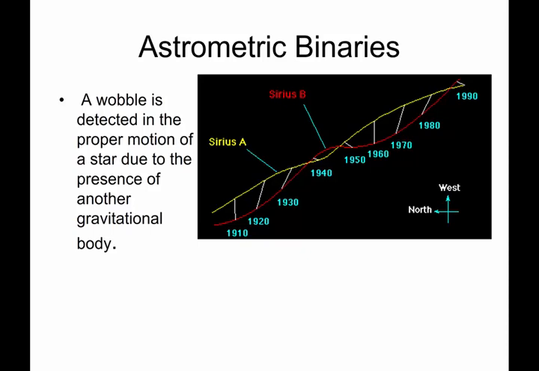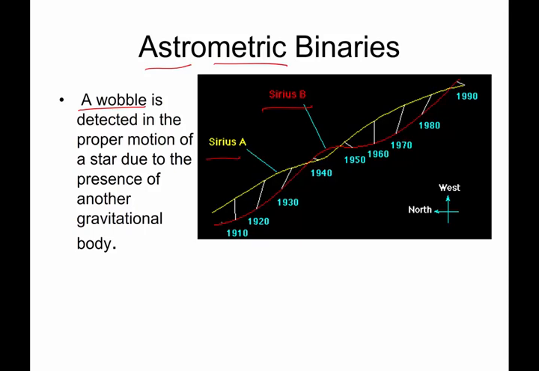The fourth type of binary system is called astrometric, and astrometric binaries can be detected by gravitational wobbles in their path. So let's say that we have two stars, and over time we plot their course. And they're not straight, like Sirius A and Sirius B, which are two stars of the star Sirius in Canis Major, the dog star, a binary star system.